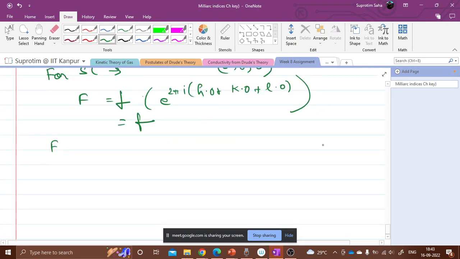So if you write down the things, 1 0 0 is allowed for simple cubic. For BCC, H plus K plus L has to be even, right? So 1 0 0 is not allowed. And for FCC also, pairwise have to be even or odd.